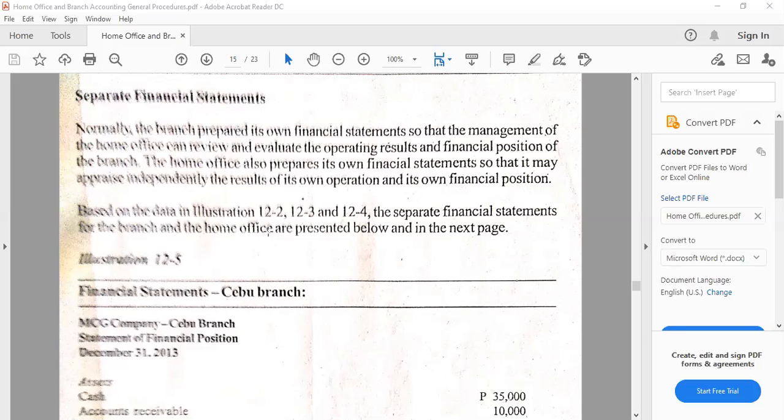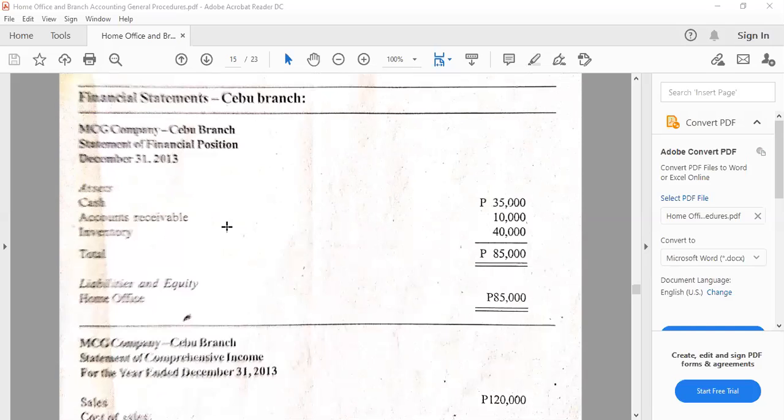So you can notice here in the subsequent illustrations that they are actually done. So separate financial statements are prepared. Later on, the consolidated financial statements will be tackled or discussed. So here we can notice on the part of the Cebu branch, it's just a simple statement of financial position or balance sheet. So showing assets, and then it's really simple here, like one account title for the credit side, just the home office.